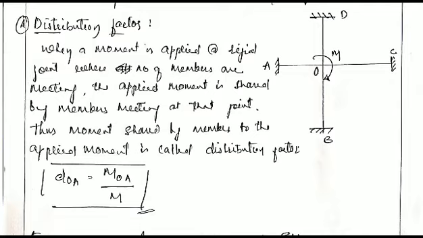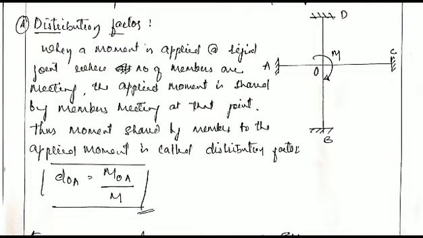Let A, B, C, D be the far ends of the members connected at point O. Once we apply a moment at point O, then, as we studied in the first terminology, moments are developed at the far ends A, B, C, D. Let the moments developed at the far ends be M1, M2, M3, M4. If you consider it like that, the total moment M applied at point O will be equal to the summation of the moments developed at the far ends, that is M1 plus M2 plus M3 plus M4.